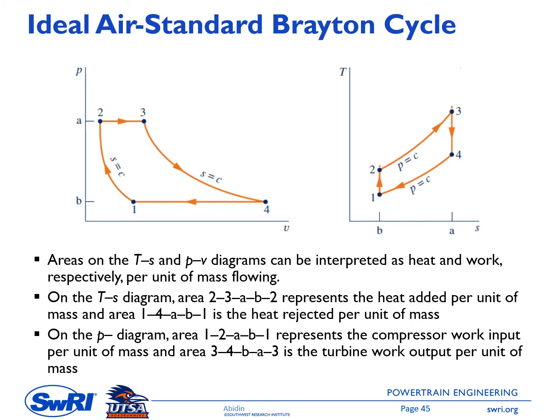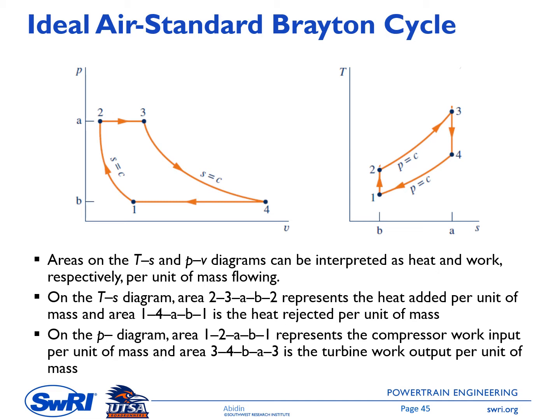This is the PV and TS diagram for an ideal air standard Brayton cycle. The area on this diagram, so on the TS and PV diagram, can be interpreted as heat and work respectively. On the TS diagram, it can be represented as heat, and on the PV diagram, it can be interpreted as work. And these parameters are per unit of mass flowing. Let's take a look at this TS diagram.